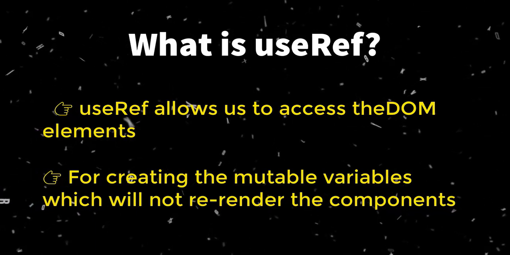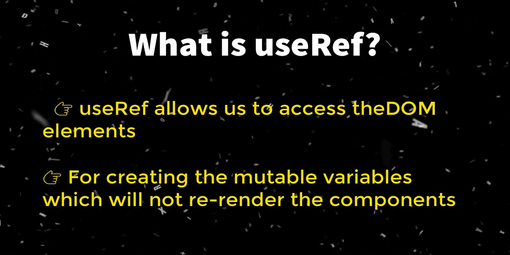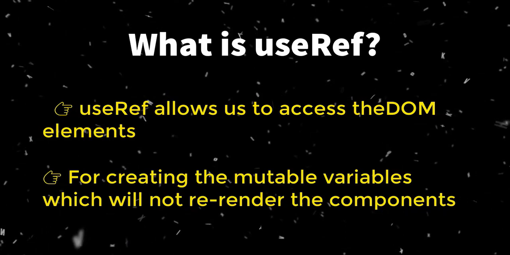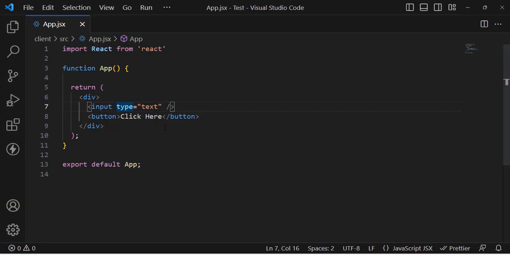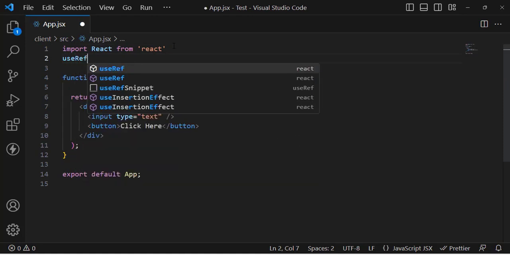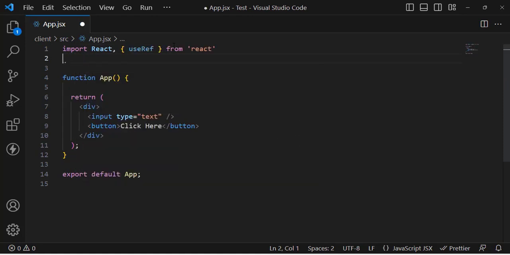So first of all, we will implement the first use case, which is to access DOM elements through the useRef hook. So we have these input fields and a button. Let's first of all access this input element. To access it, first of all, we need to import the useRef hook. After importing it, let's use it.